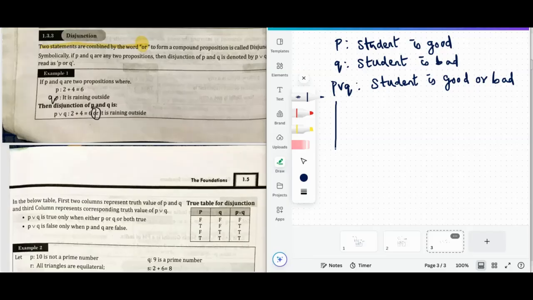So what will be the truth table for this "or" statement? How do we remember it?